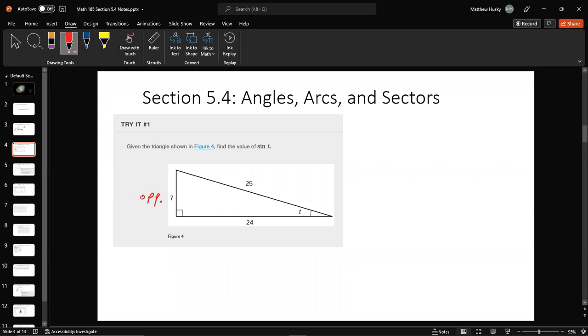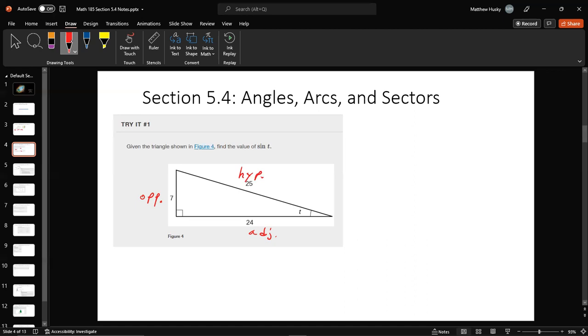The side next to it, the adjacent side, is 24. And the one across from the right angle, which incidentally will be the longest side, is the hypotenuse. If you have a hypotenuse that is shorter than the two legs, that's a problem, but that's a different issue. So anyway, the hypotenuse is in this case 25.